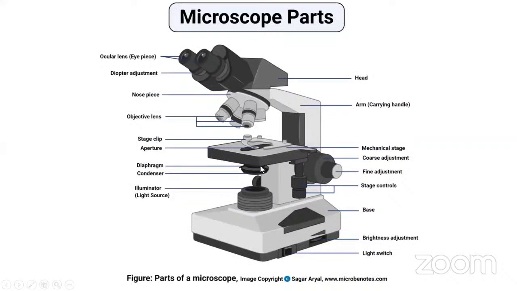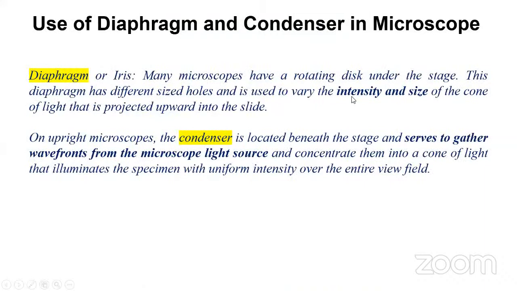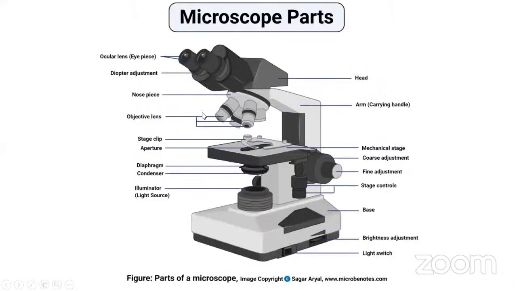This is the diaphragm, and what it does is that it controls the intensity and the size of the light that is projected onto the slide. That means the area which the light covers on the object can be controlled, and the intensity, bright light or dim light, falling on the object to be seen under the microscope can be controlled through the diaphragm.